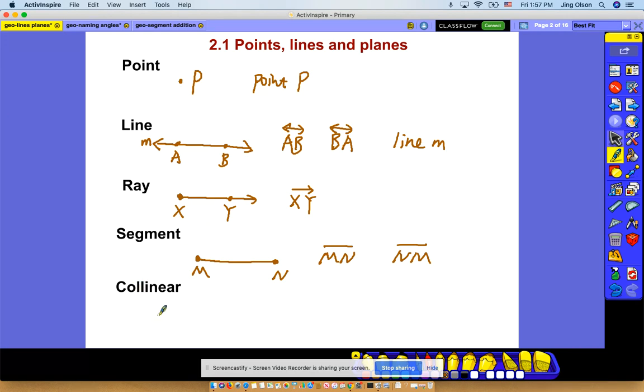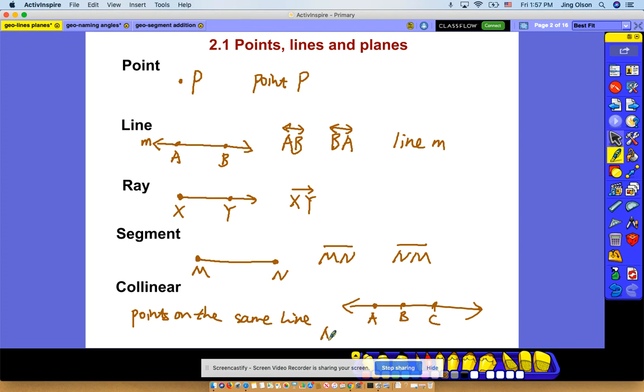Collinear means points on the same line. Co means together, so points on the same line are called collinear. For example, if I have a line right here, and I have 3 points, point A, point B, and point C, these 3 points on the same line are called collinear.